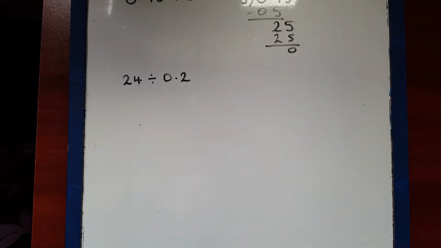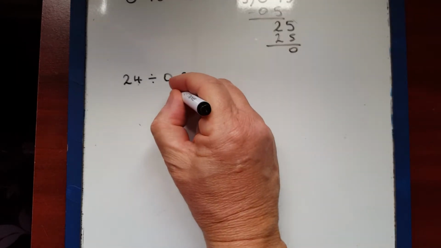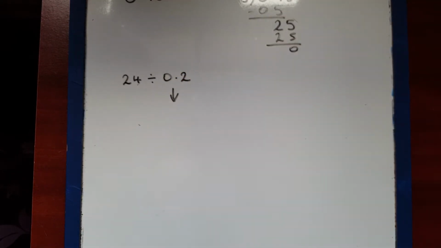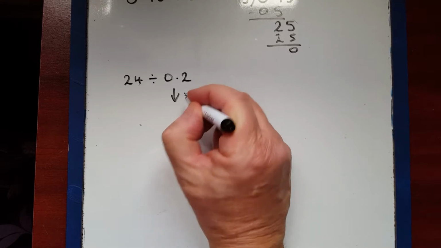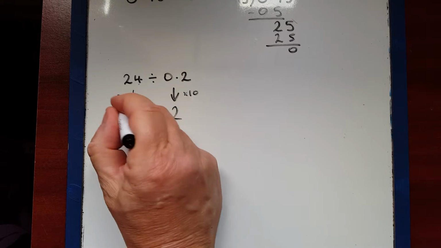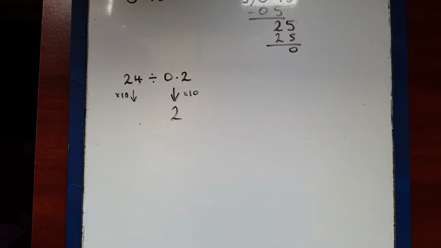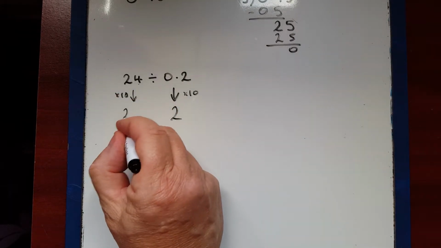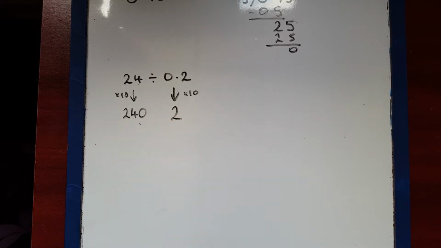So if we wanted to turn that into a whole number, the easiest way we could do it would be to multiply it by 10 so that that number becomes 2. If we're going to do that and we're going to make the question work correctly, we also need to do the same thing all the way around. So multiply that by 10 as well, so that that becomes 240. So we've now got a new question that says 240 divided by 2.